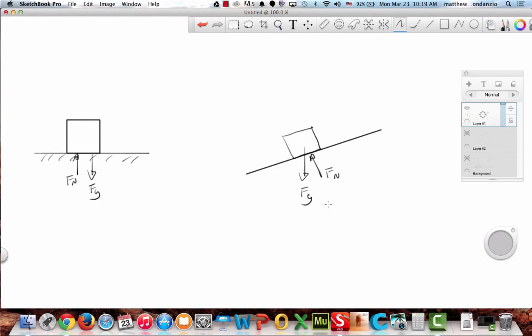How much force is the ruler pushing back on scrubbing bubbles? The same amount as gravity. Now, what's going to happen at some point? It's going to start to slide. Why is it going to start to slide? Not because the force of gravity is increasing, but because the normal force is getting less and less and less.